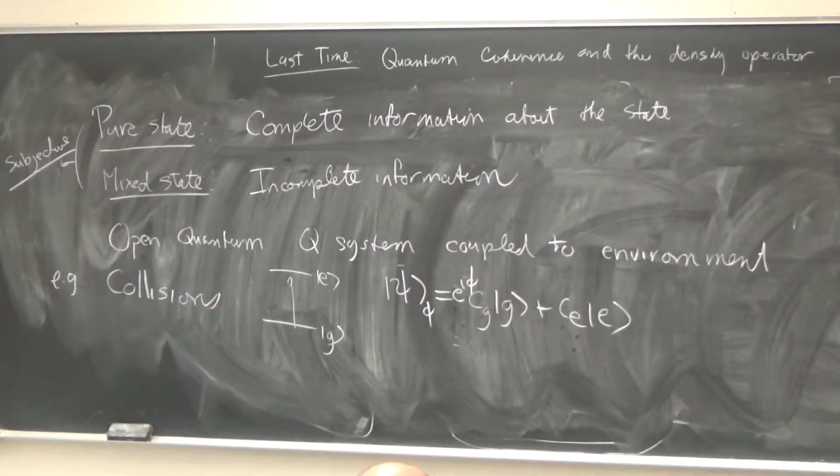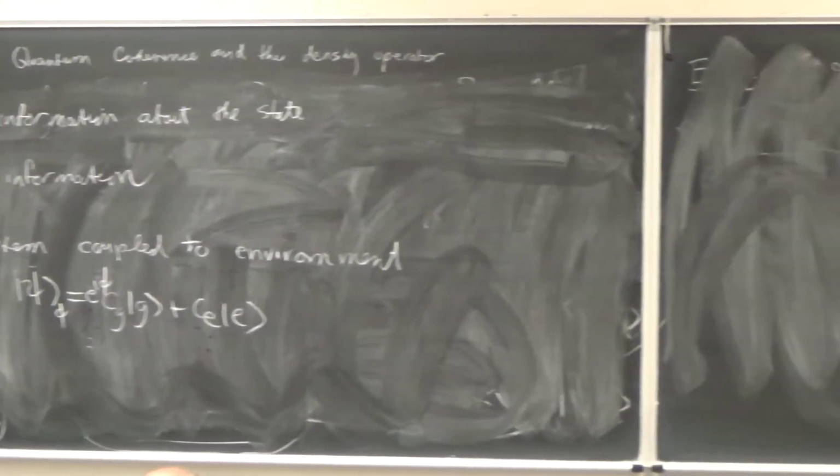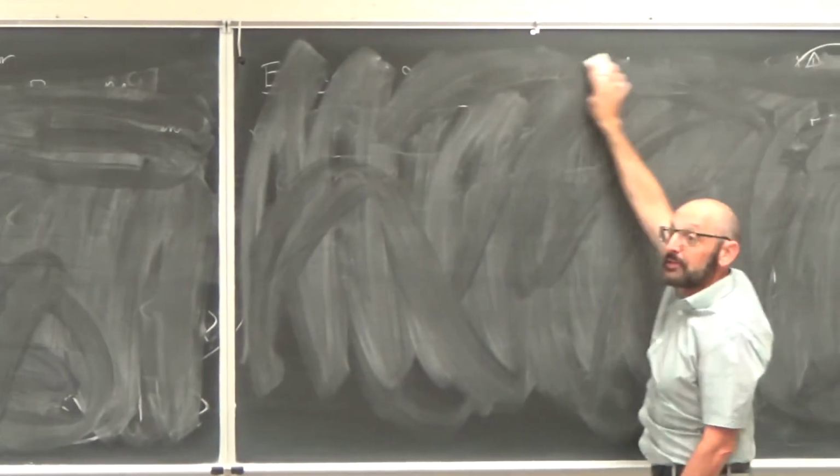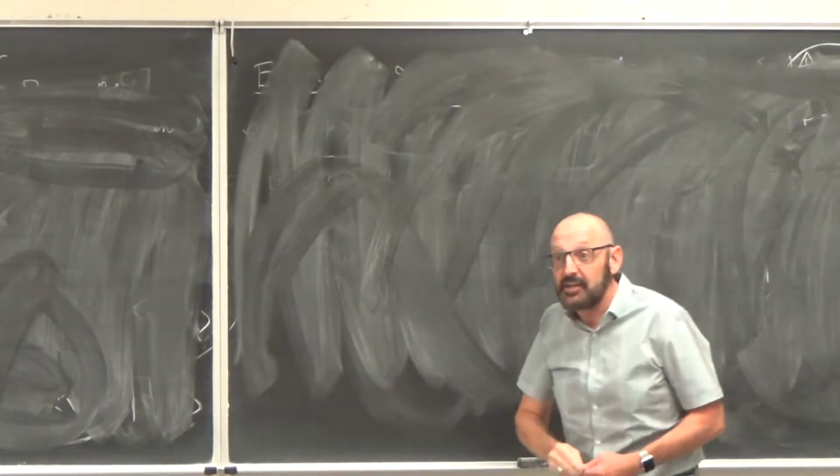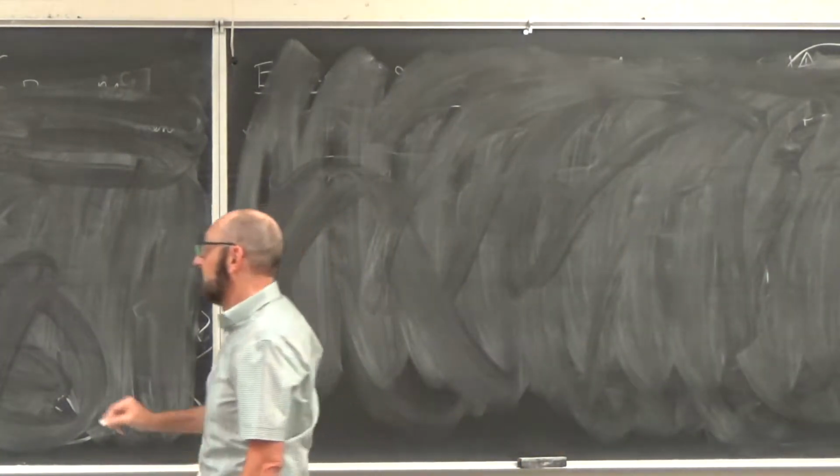The state of the system, I have to somehow say, is a statistical mixture of possible states depending on what phase shift occurred, which I don't know, because I don't have complete information about the trajectories of all the particles in the gas, right?